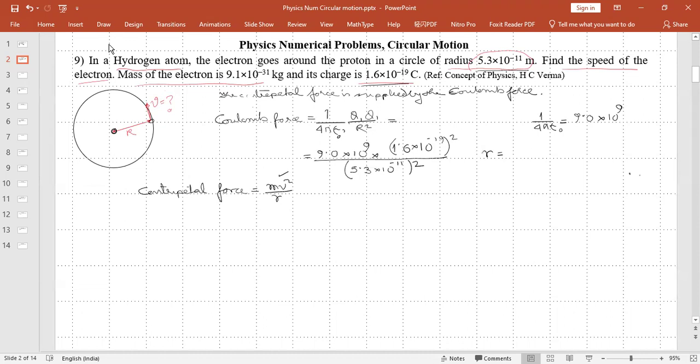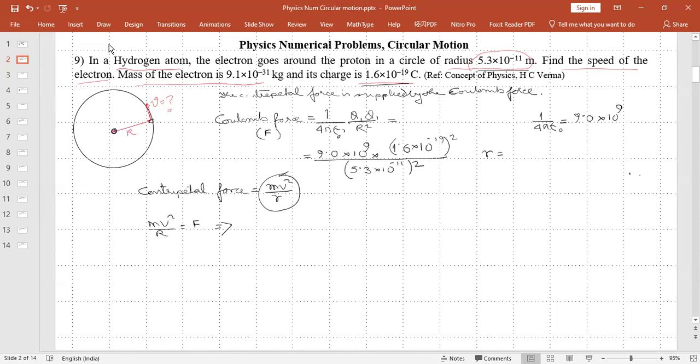So mv square by R will be equal to 1 upon 4 pi epsilon 0 Q1 Q2 by R square, right? Let's say this is the Coulomb force. So we know mv square by R is equal to F.